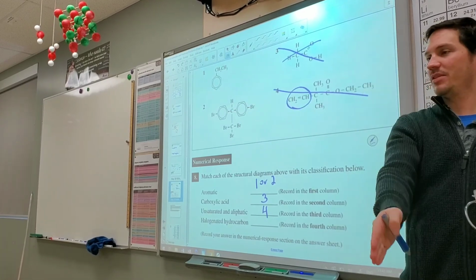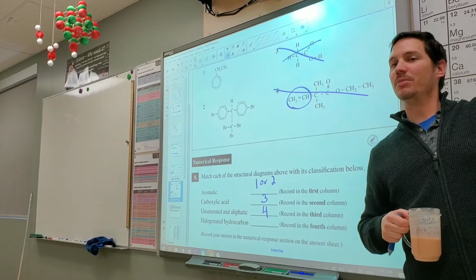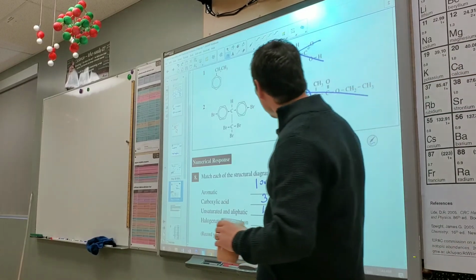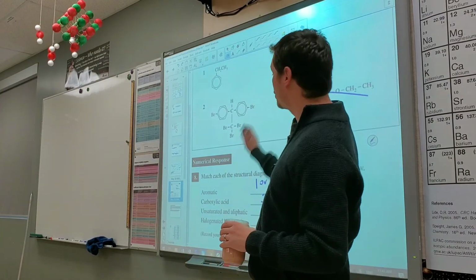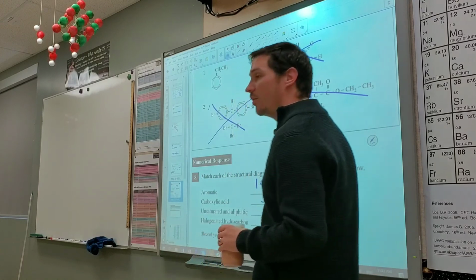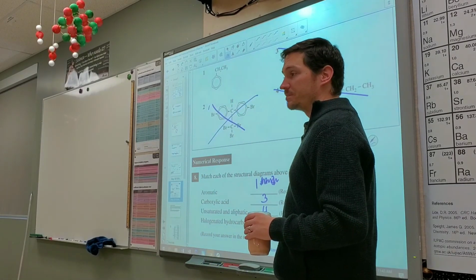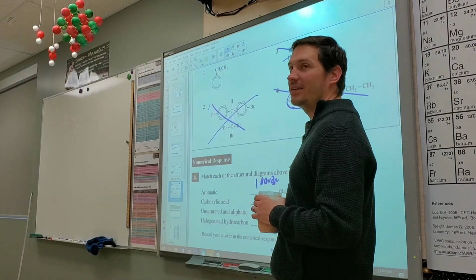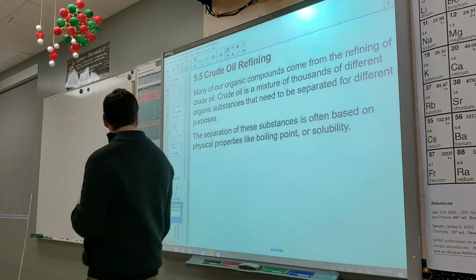So this is halogenated. Do you agree? Yes. So 2 is out. We can't use 2 anymore. So that leaves 1, 3, 4. It's magical. Okay.